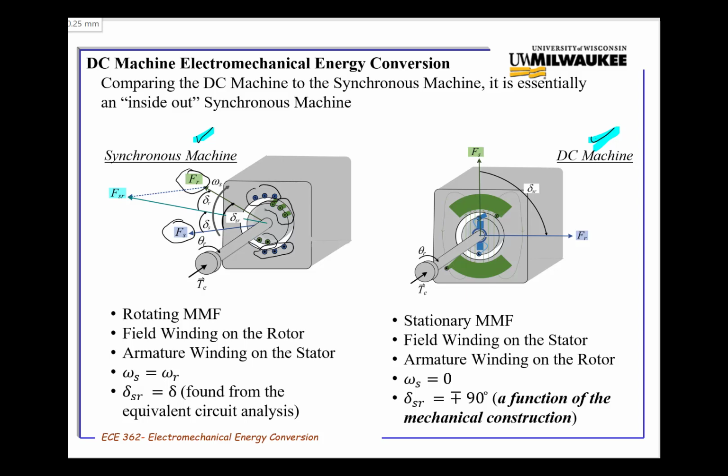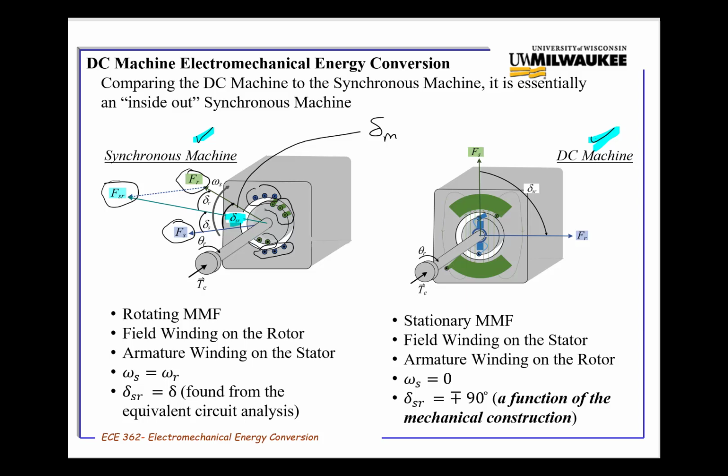Now this is a little different than the way we explained it originally. I have an FSR, that's the del between the rotor and the stator windings. That's what we were calling del mechanical. Now there's a combined MMF in the air gap, that's FSR, stator rotor.